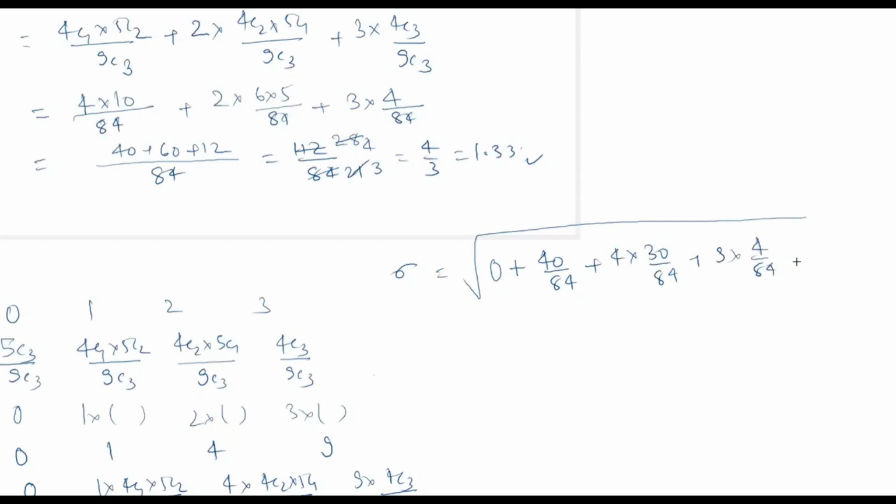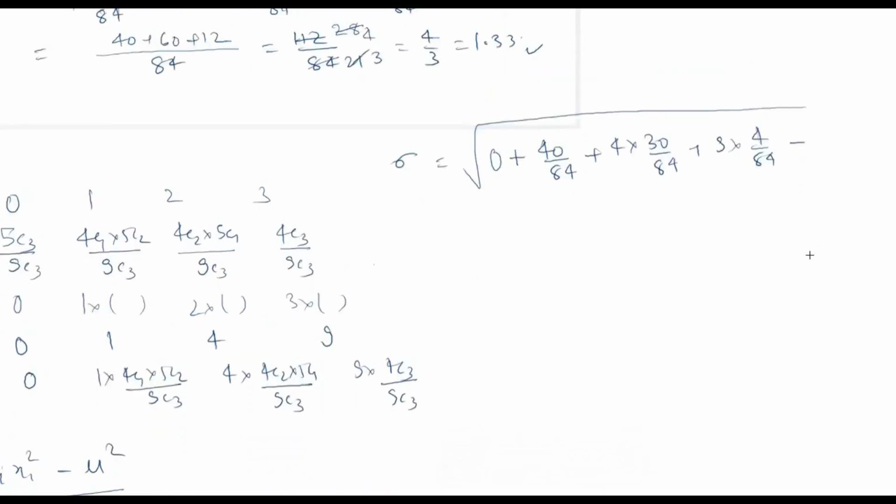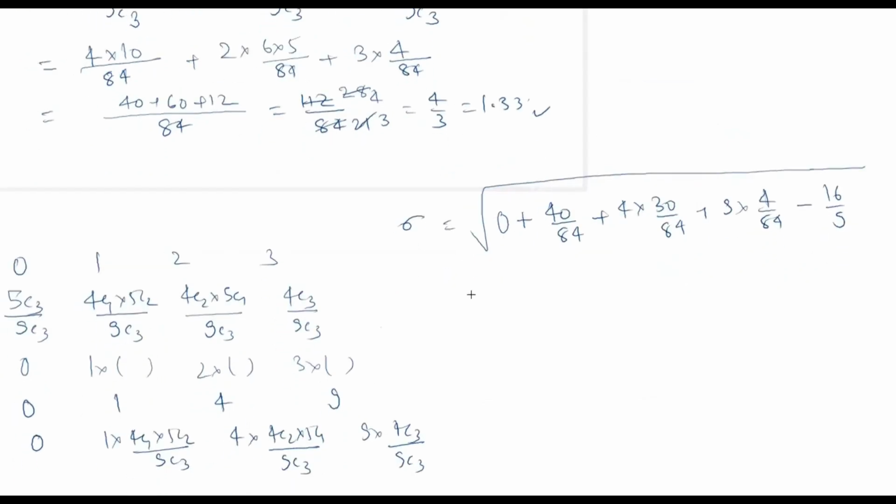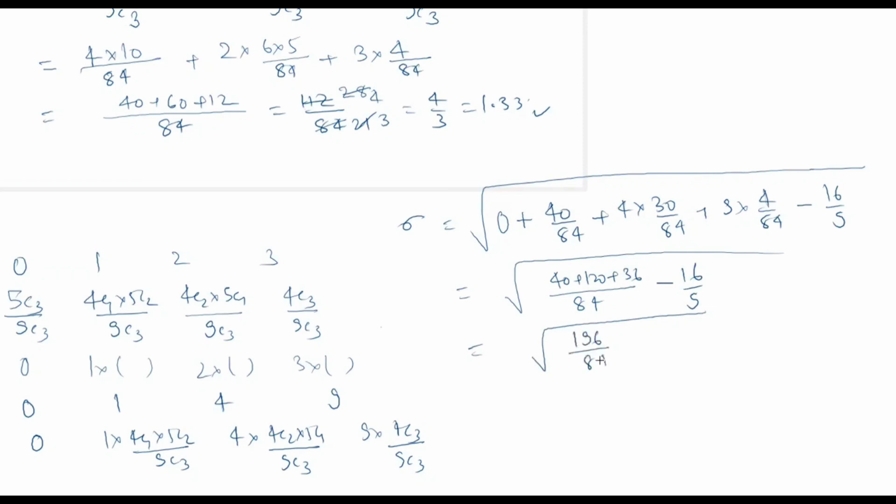Now this is fine. And my mu square is 4 by 3 squared, which is 16 by 9. So let's try finding it out. This is going to be 84 in the denominator. This will be 40 plus 120 plus 36 minus 16 by 9, which gives me 196 upon 84 minus 16 by 9.